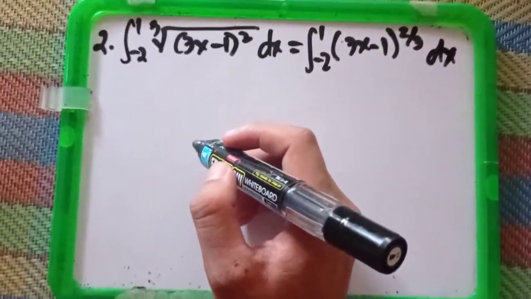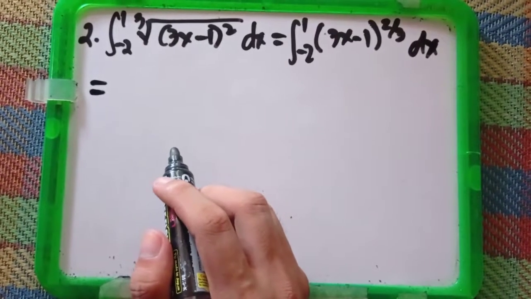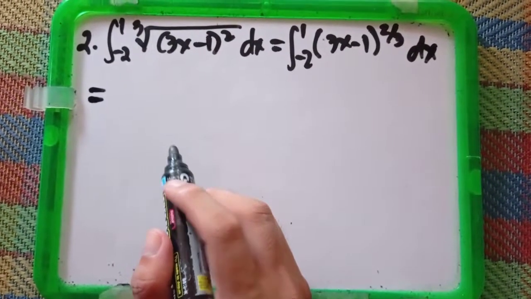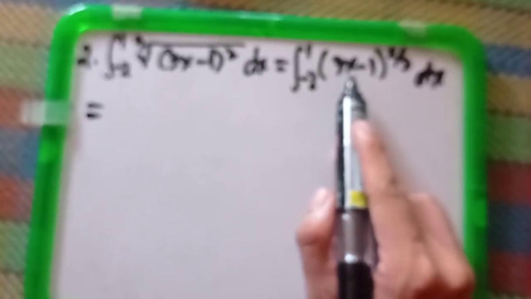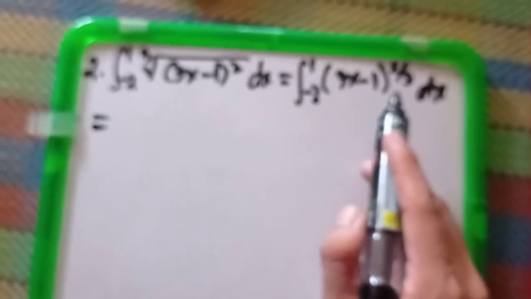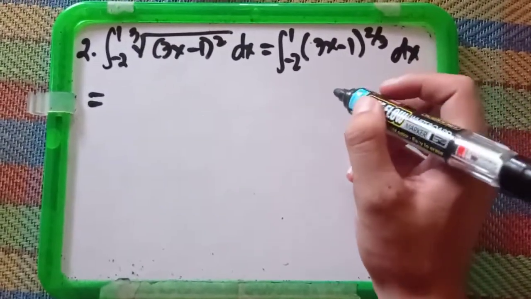So next is we need to find the derivative of this 3x minus 1, or simply we can use the u substitution.